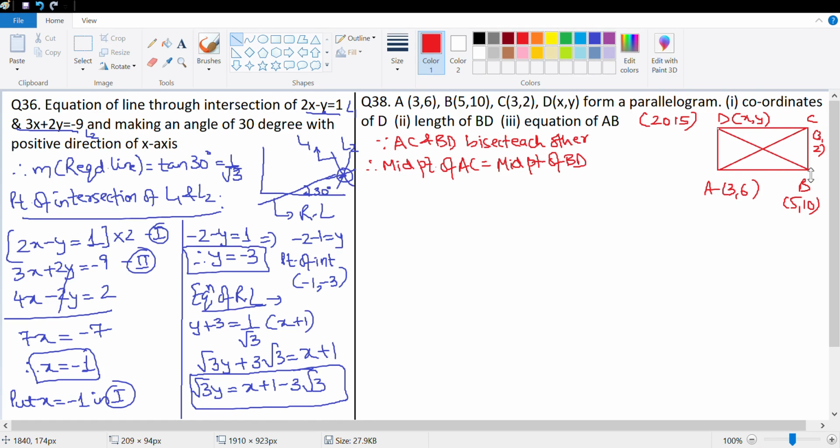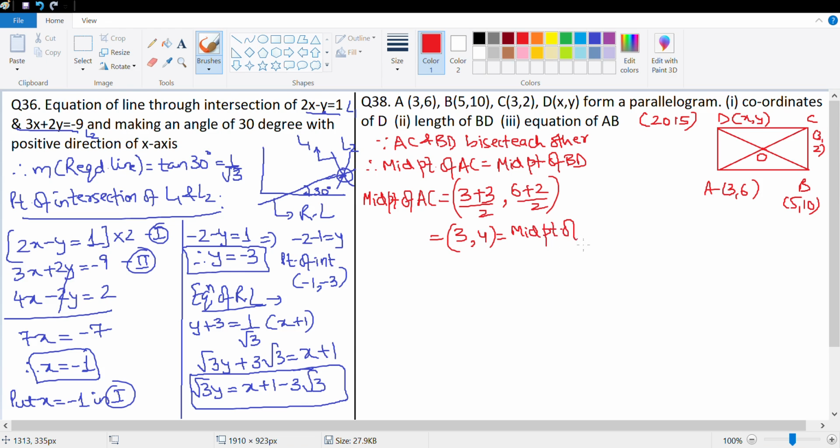In this case, let's call it O. Using the midpoint formula, the midpoint of AC will be 3 plus 3 upon 2, and the y-coordinate would be 6 plus 2 upon 2. So this is 3, 4. Perfect. And this is also equal to the midpoint of BD.